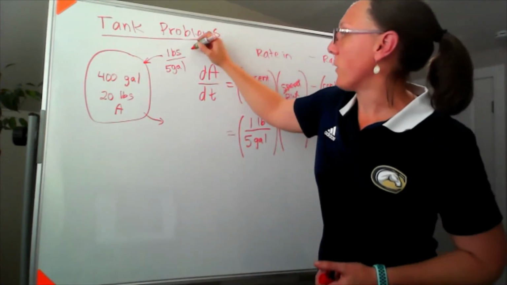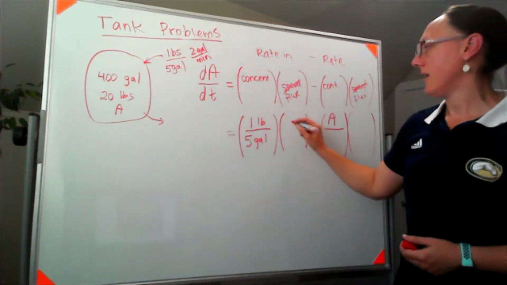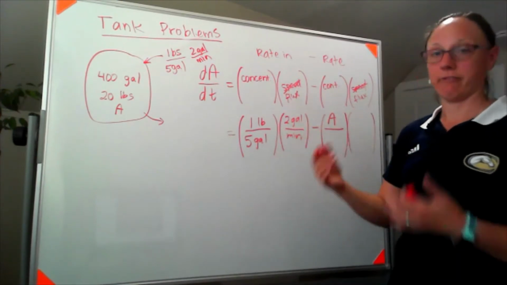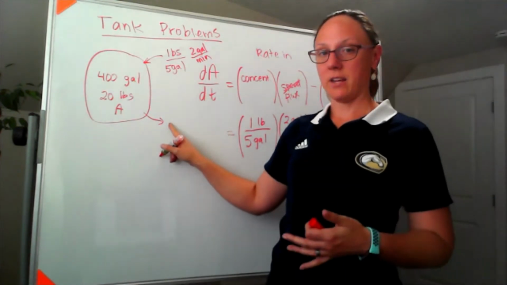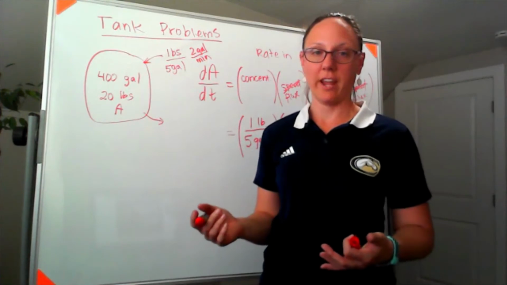So if this is flowing in at 2 gallons per minute, then that's my 2 gallons per minute kind of volume. If it's flowing out at the same rate, then the total volume in the tank doesn't change.